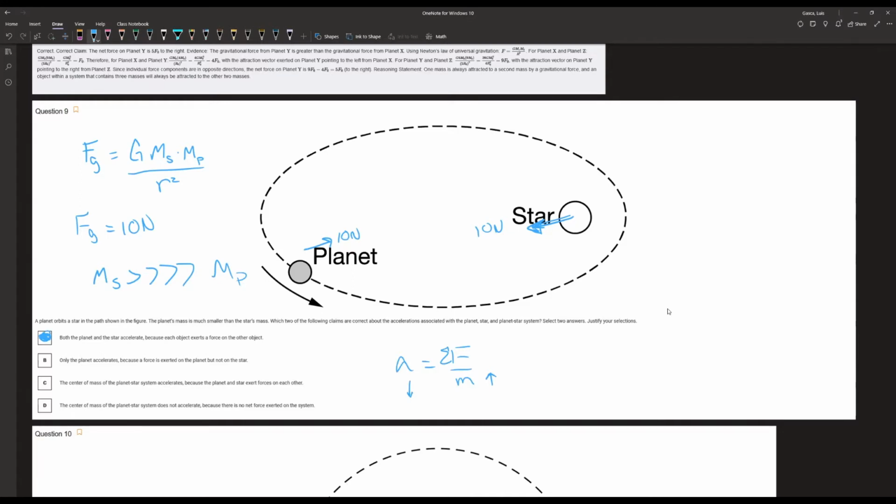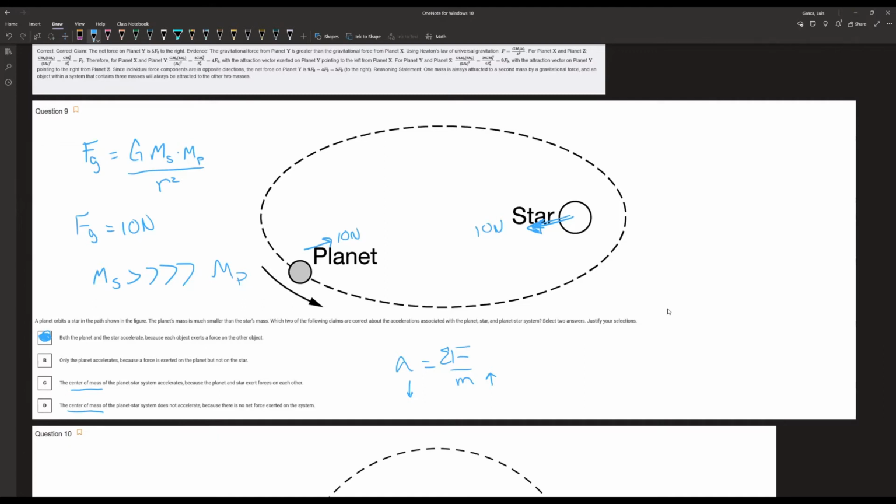So there's one. Now, the other part is the center of mass statements. Because these two forces are internal to this system, the system being the planet and star, and as far as we know nothing else is interacting with them, when they act on each other with this force, Newton's third law says they are an action-reaction pair.